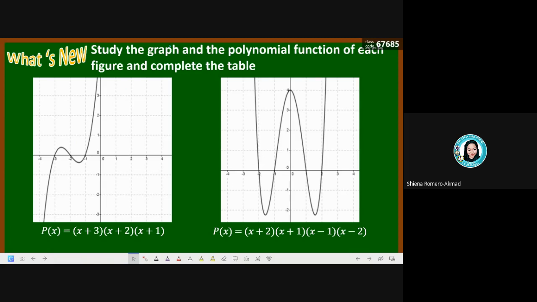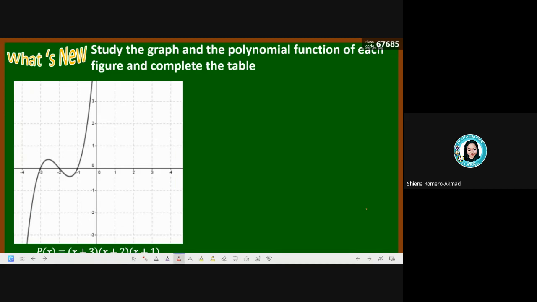So para maintindihan natin siya, let us focus first to the first example, and that's p of x equals x plus 3, x plus 2, x plus 1. So in understanding the graph, we have to identify the leading coefficient.